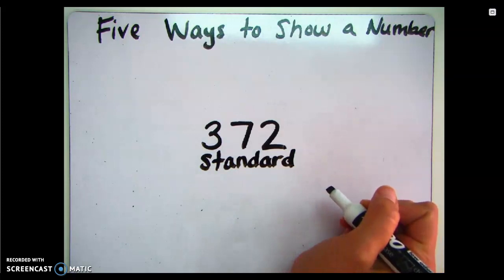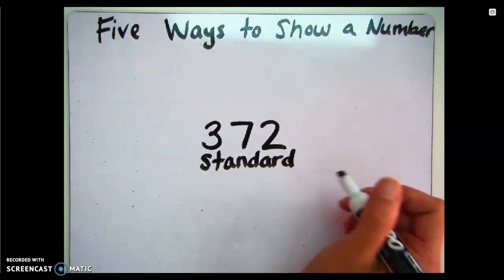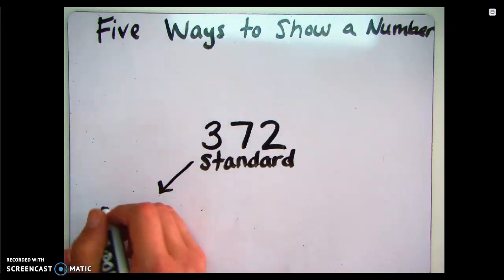So then whenever I read this number, 372, then that becomes another way that I can show that number. So it's word form.